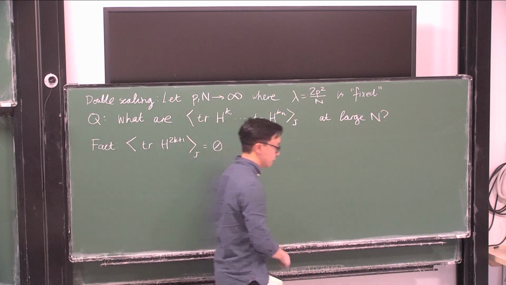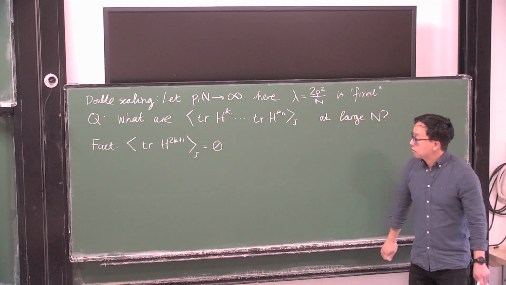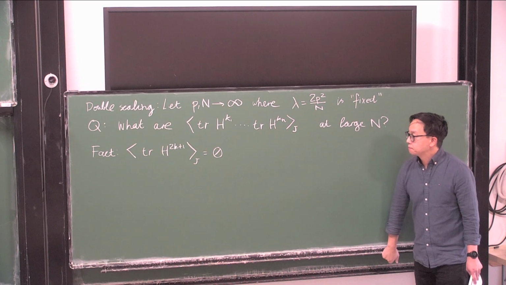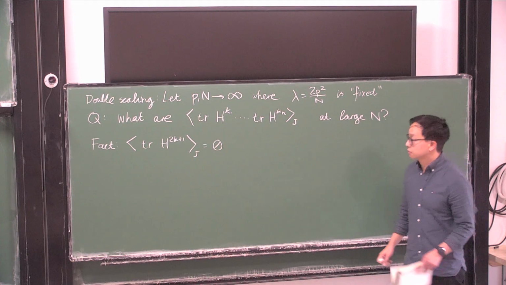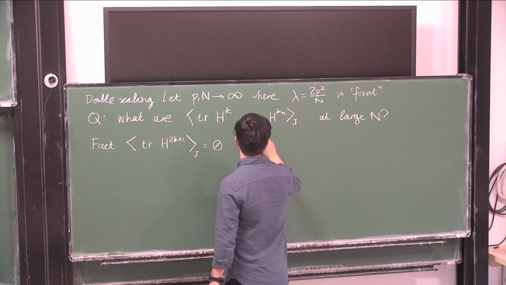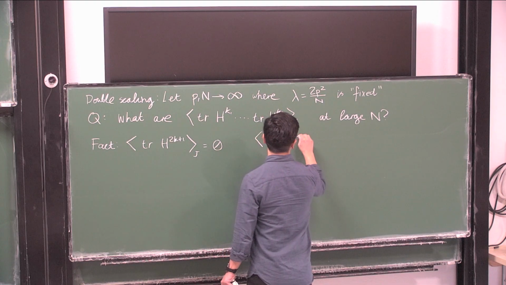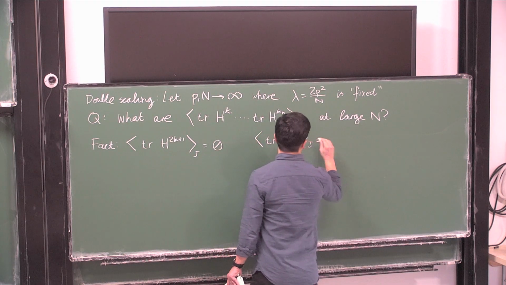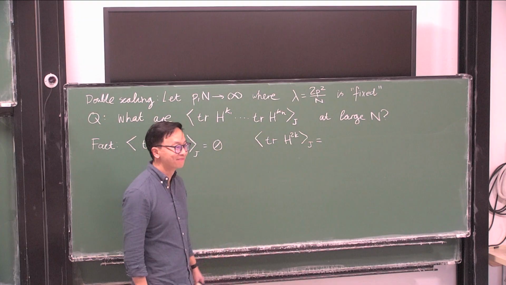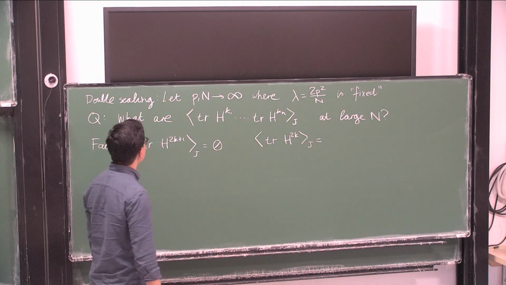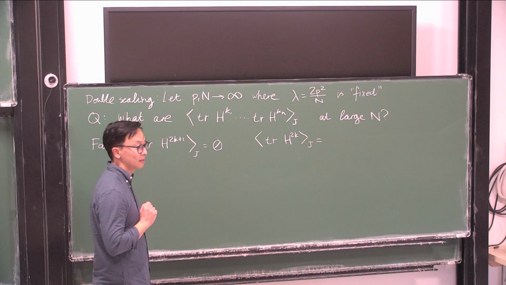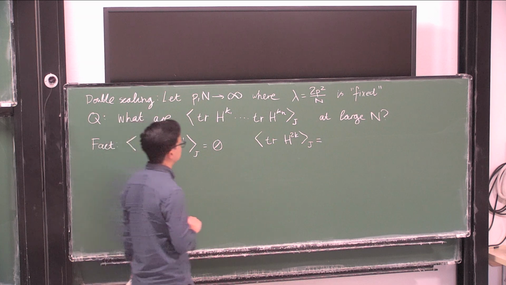It's just a product of an odd number of Gaussians with mean 0. Of course, more interesting would be if we took an even power here. Sorry, this is in the large n limit. Yeah, okay, in the large n limit.